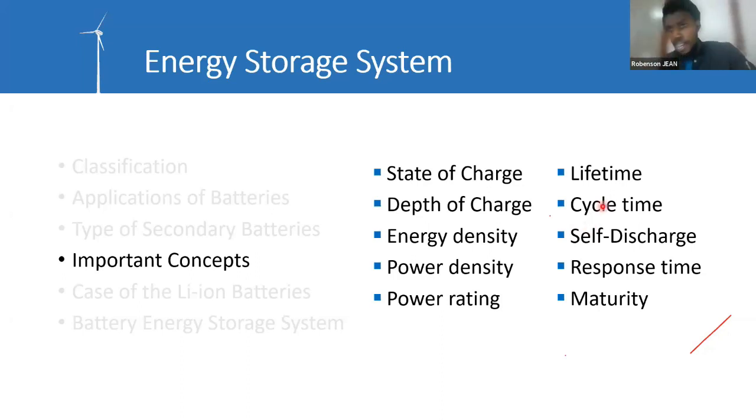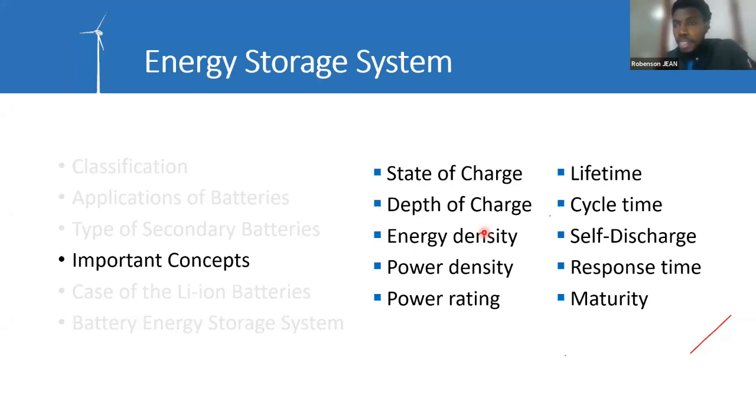For instance, my lithium battery can last for 5 to 7 years, but this will depend on the user. If anytime you use your battery the depth of discharge is at 0% or near 0%, whereas in my battery I only use 50%, then my battery will last longer than yours because you use it completely.